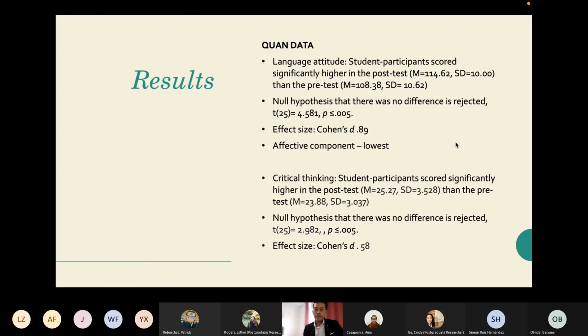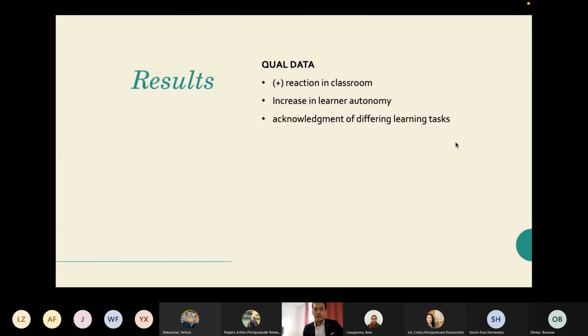And in terms of critical thinking, they scored significantly higher in the post-test than the pre-test, but with a medium effect size at 0.58. And these are the qualitative data: some positive reactions in the classroom, which led to an increase in learner autonomy.